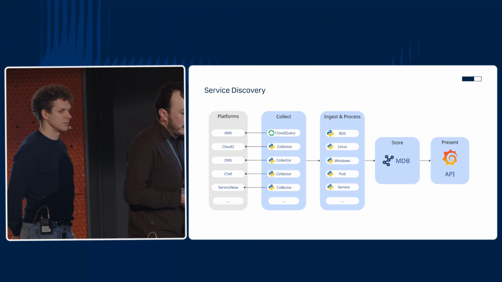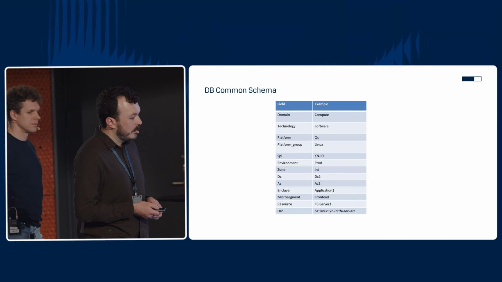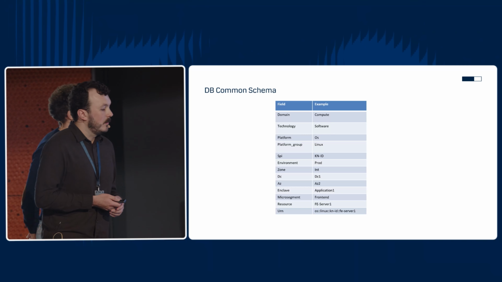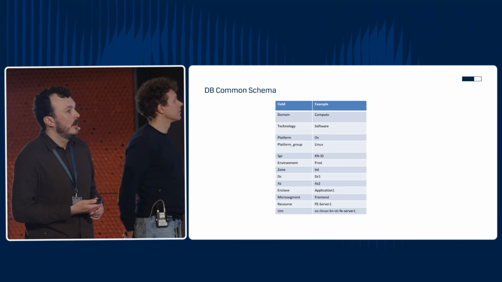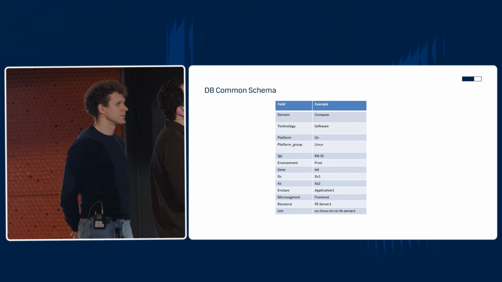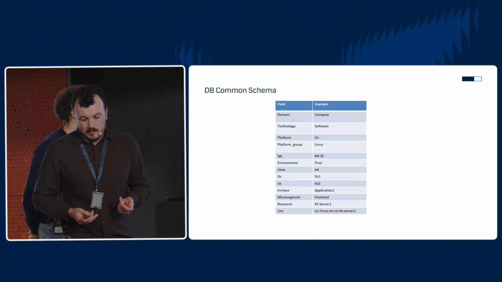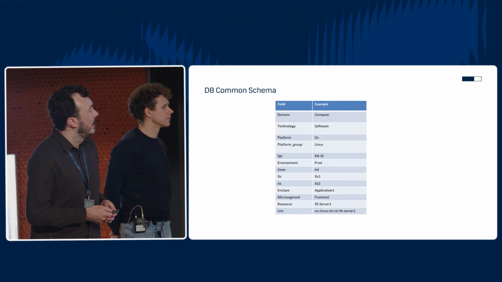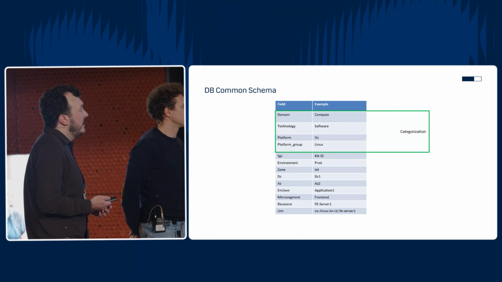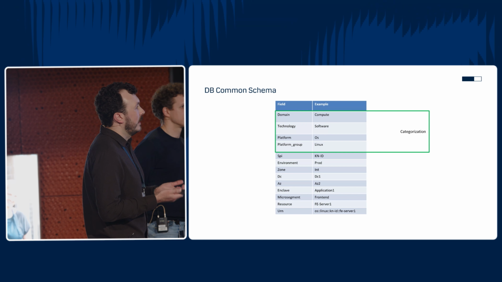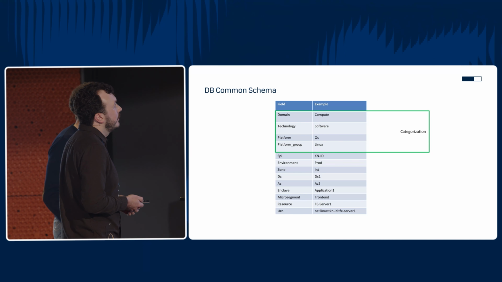How does this document look? It might be a bit of a simplified view, but we have mandatory fields to describe each object, whether it is a resource, a signal, an alert, whatever. We have categorization data, where we categorize it into some user-friendly categories.